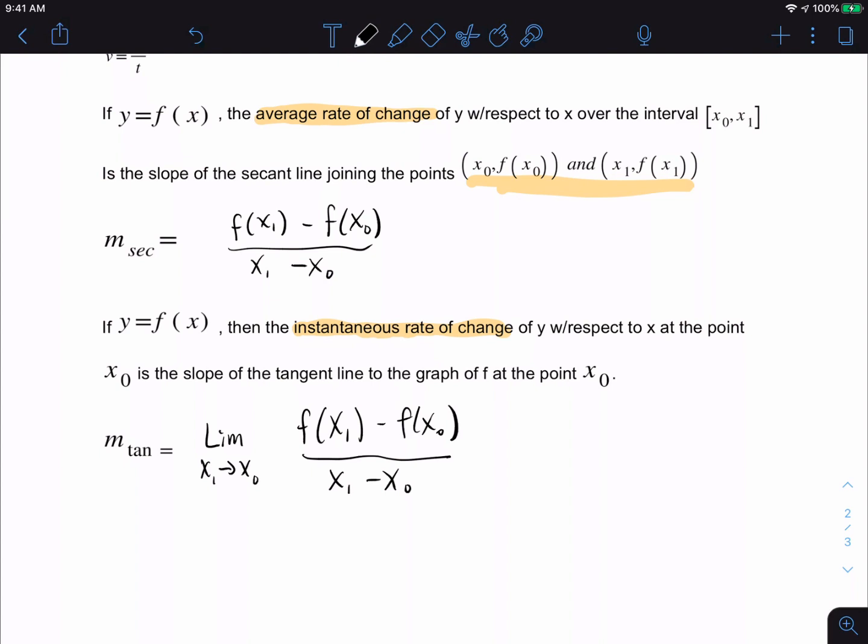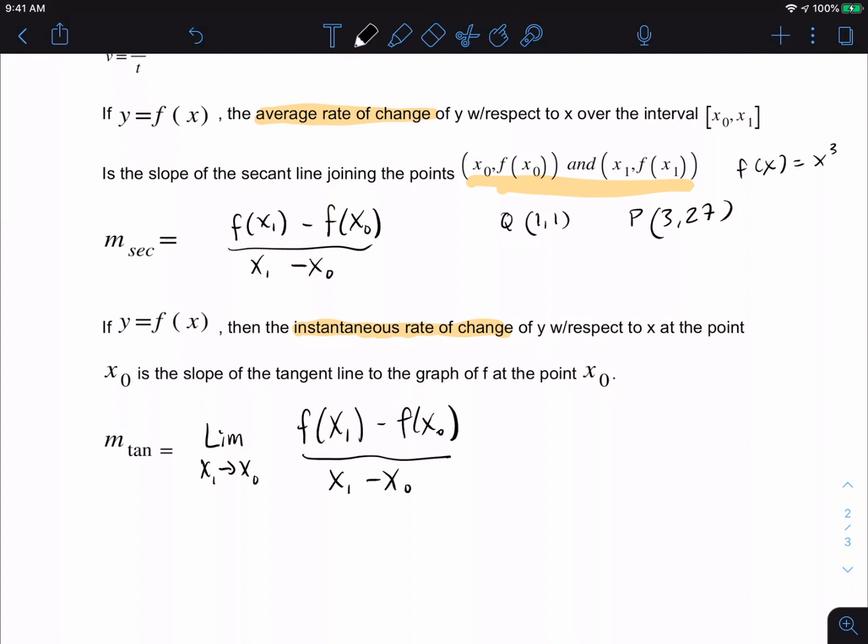Okay, so let's say f of x is x cubed. So if I used x cubed, let's say I had the points (1, 1) and (3, 27), and let's say this is the P that we're trying to go after.